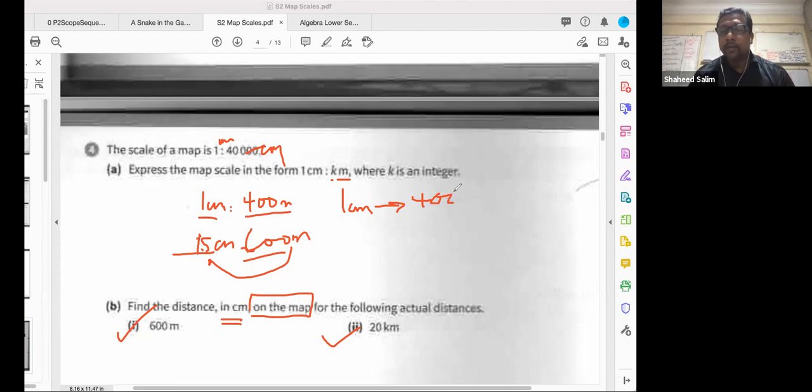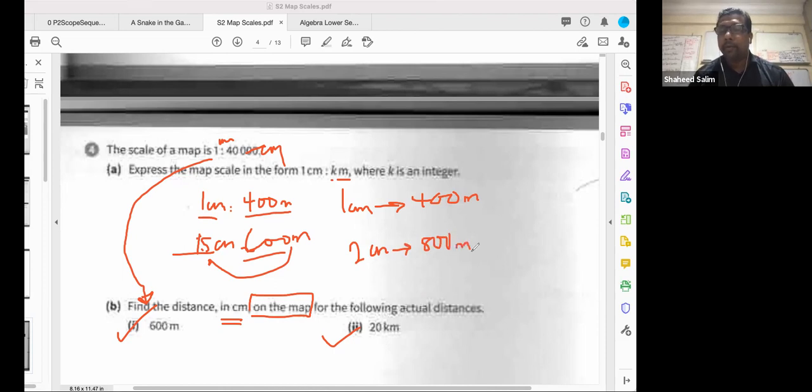This is a follow up to this question, continuity. So now down here, if you want 2 cm, 2 cm is 800, right? Because you times 2, correct? So 600 is in between, so it must be 1.5.